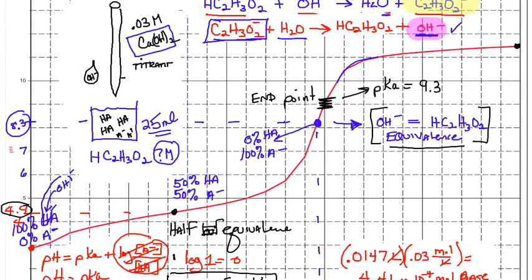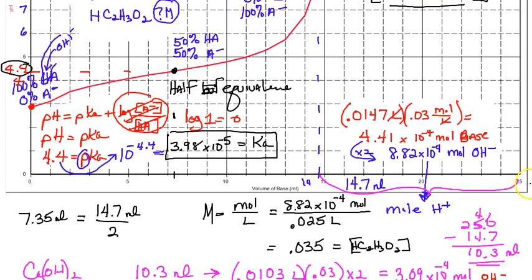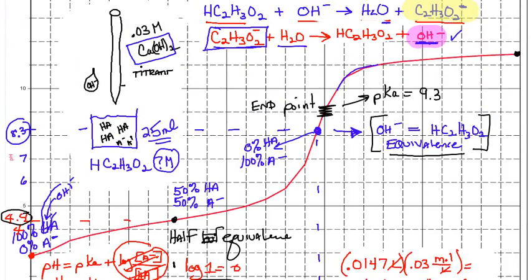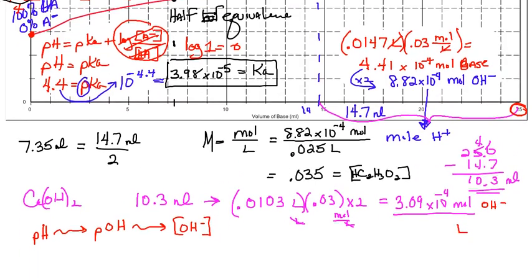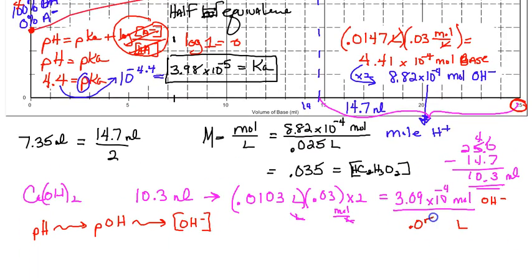The final pH meant in my beaker, I added 25 milliliters of what? Of strong base into a beaker that already had 25 milliliters. So the final volume of the solution is 0.050 liters. Okay, so we're going to divide by 0.05, and I get a concentration to be 0.00618. And that represents the concentration of my hydroxide.